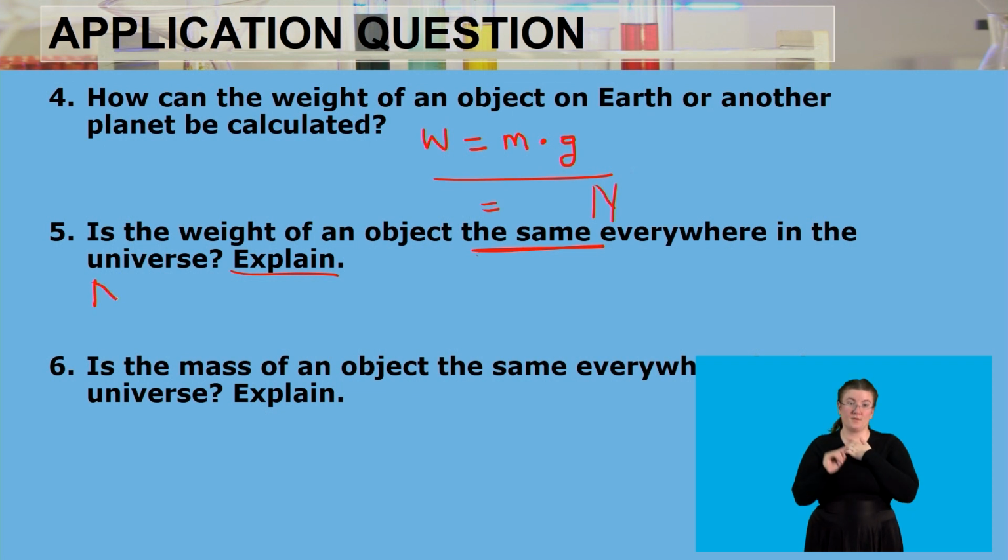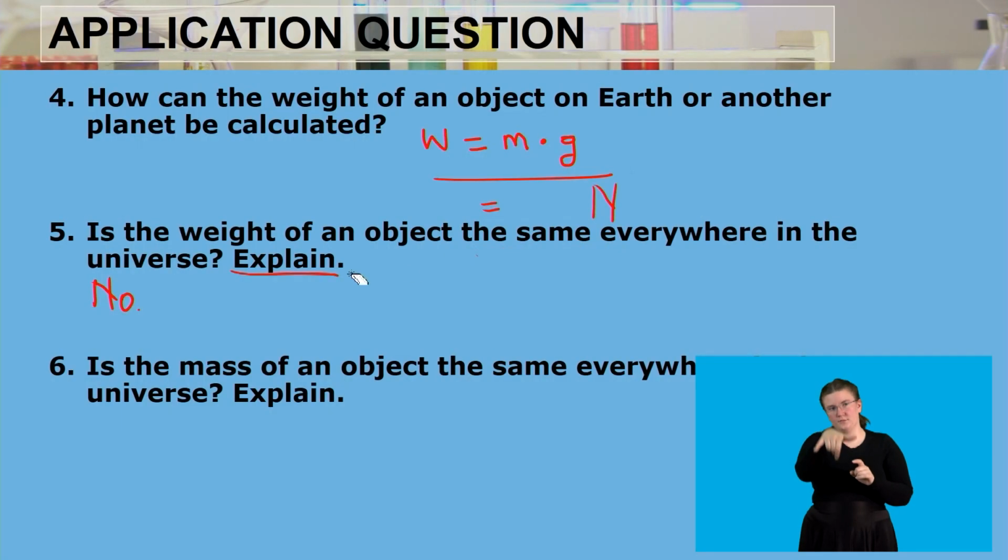So the first answer there is going to be no. If it is here on Earth, it will have a different weight. And the very same object with the very same mass, taken to a different planet that has a different gravitational acceleration, will have a different weight on that planet. It can either be higher or lower than the weight of that object on Earth, depending on the gravitational acceleration.